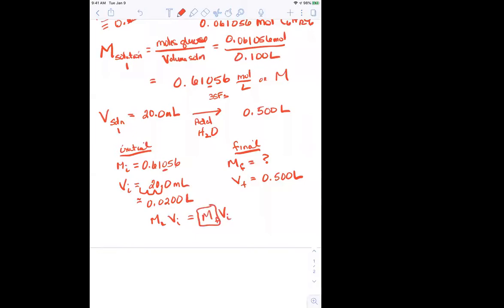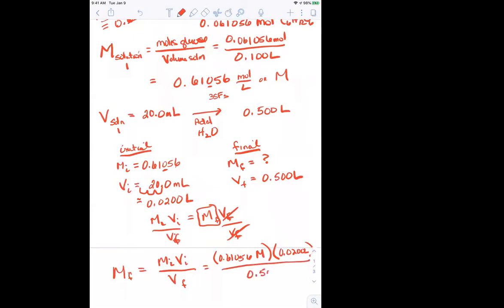So to solve that, what I get is the molarity of this second solution is the molarity of the initial solution times the volume of the initial solution divided by the volume of the final solution. So what I have is 0.61056 molar times 0.0200 liters divided by 0.500 liters.